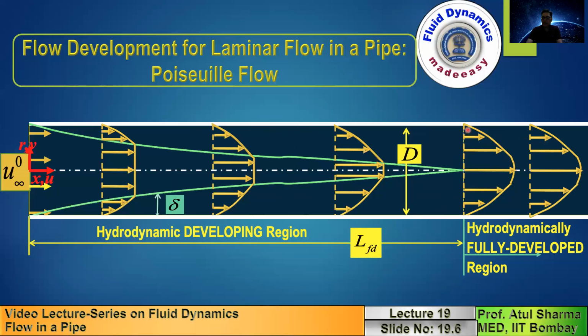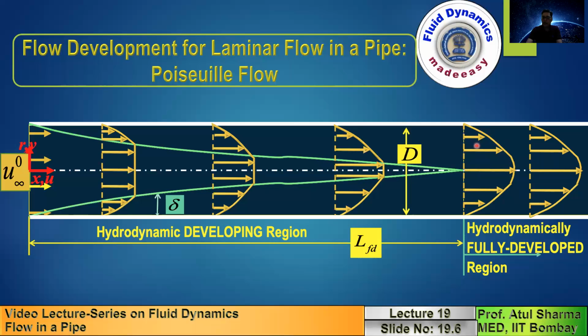So you can see that the velocity profile after the two boundary layers meet is called the hydrodynamically fully developed region. In this hydrodynamically fully developed region, the velocity profile does not change at further downstream axial locations.